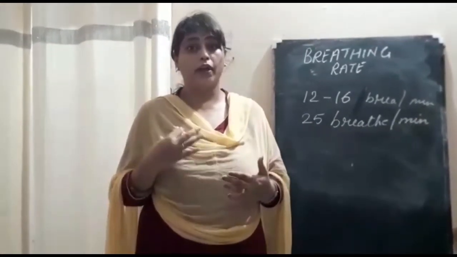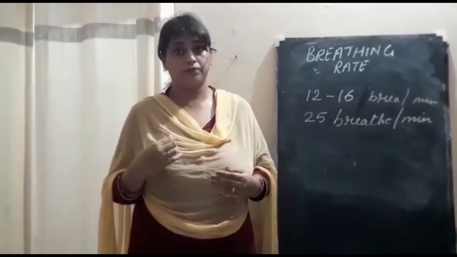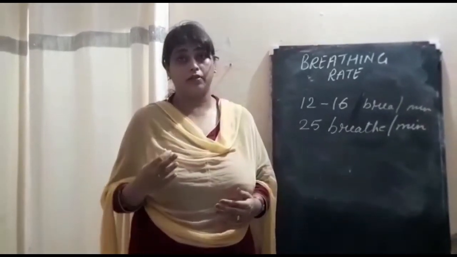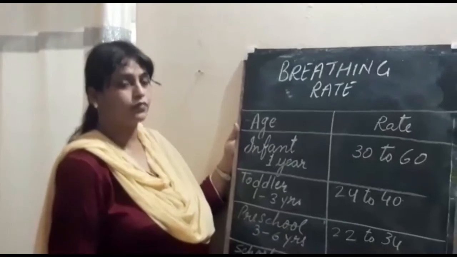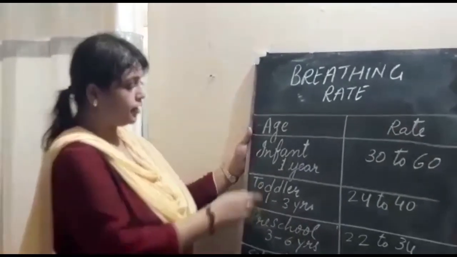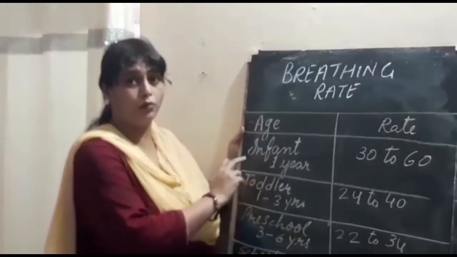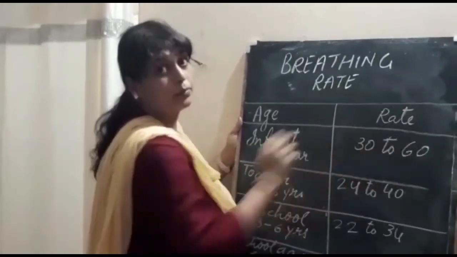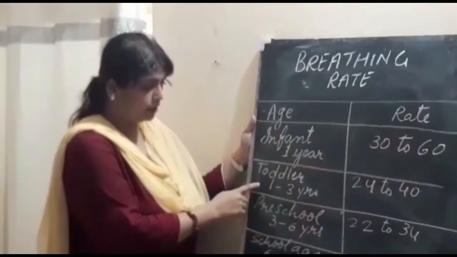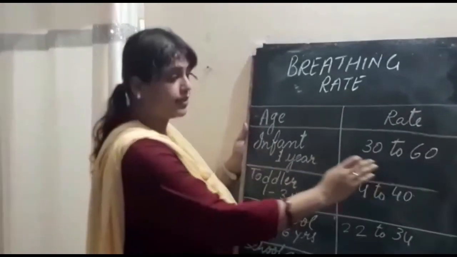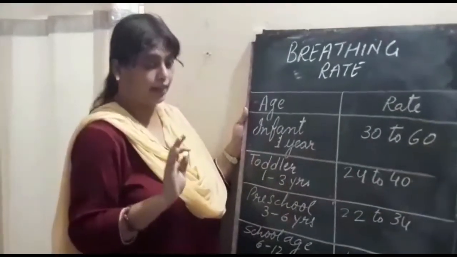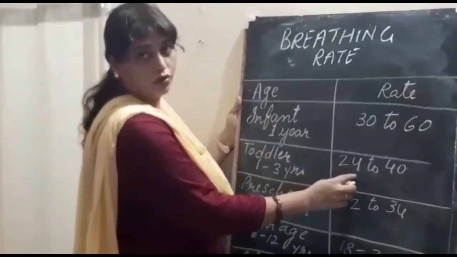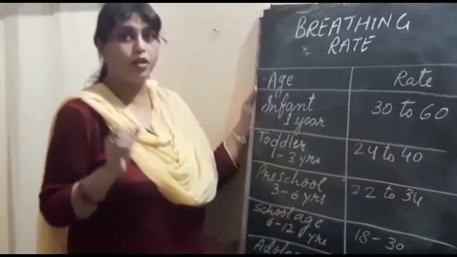Now let's see the variations with age. Children, the normal respiratory rate, here is a table. In an infant, a baby from birth till 1 year, the breathing rate is 30 to 60 breaths per minute, not second. In a toddler, 1 to 3 years, it is 24 to 40 breaths per minute.